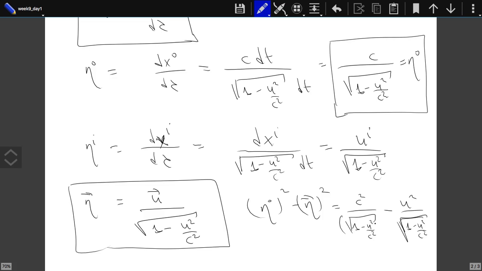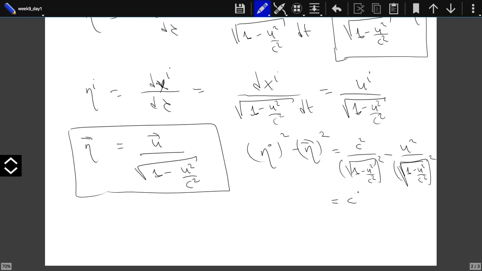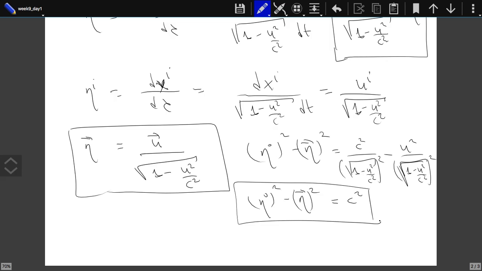But you see, this is nothing but c squared. It is constant. If you go to a different reference frame, u will be different, so eta 0 and eta i will be different. They will all be different in a different reference frame, but they will be different in such a way that this difference is always c squared.